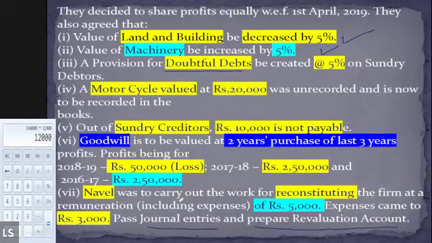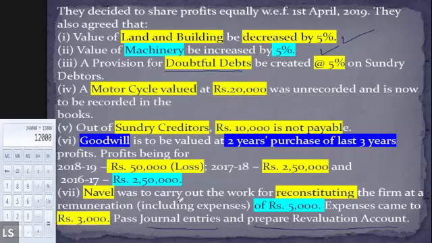The fifth point says that out of sundry creditors, 10,000 is not payable. First of all, tell me, sundry creditor is what? Is this a liability for us or an asset? Liability. Correct.